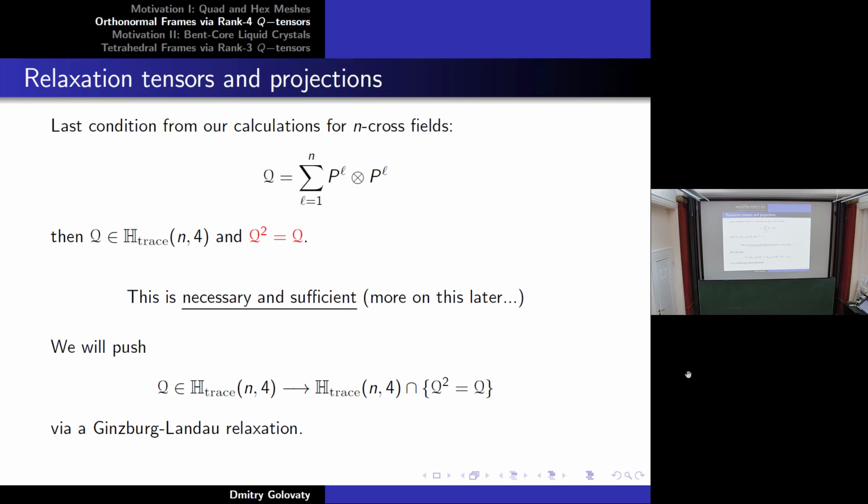Let's see. So this is what I just said. One more thing. Let's say that we have a two-dimensional or three-dimensional domain, and I want to fill this domain with the orthonormal frame. Because of topological constraints, I will not be able to do so. I will not be able to find a smooth field that will fill the domain. So instead, what I can try to do is a Ginzburg-Landau-type relaxation.